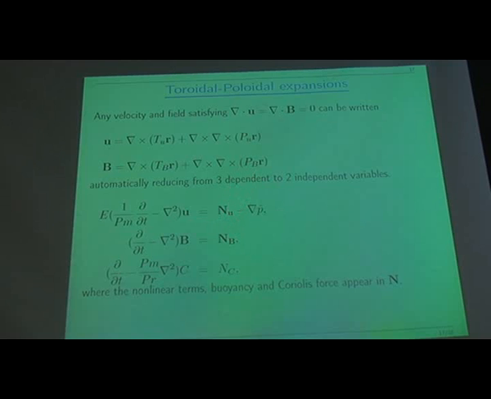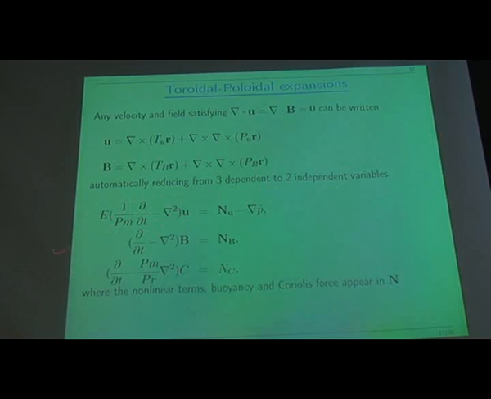But in most of the methods nowadays, the Coriolis force, although it's linear in u, is normally included in this right-hand side. When we first started doing that, we had the Coriolis over on this side, which made this more complicated operator over here.